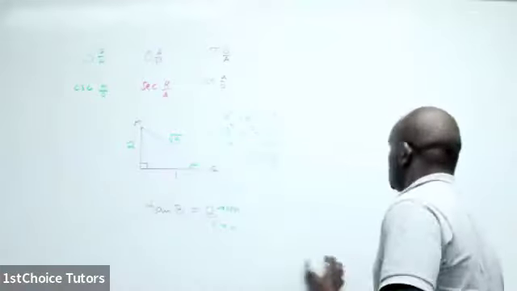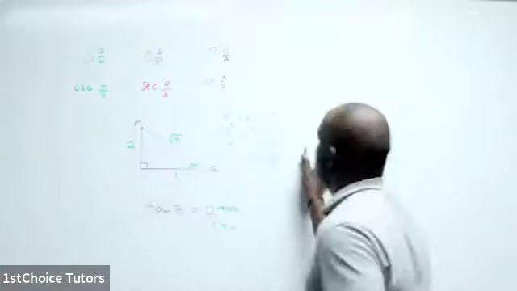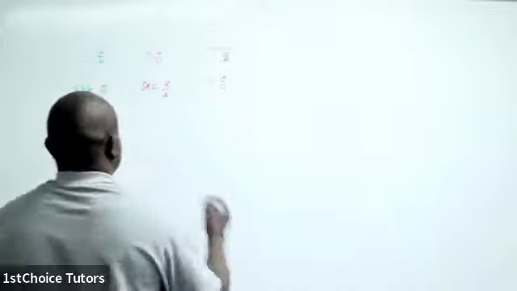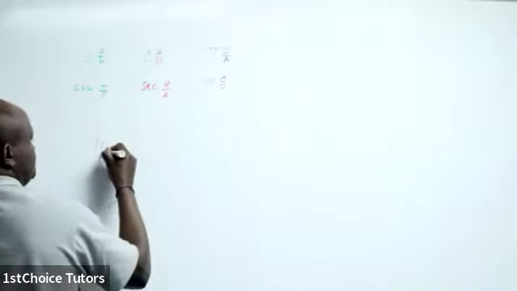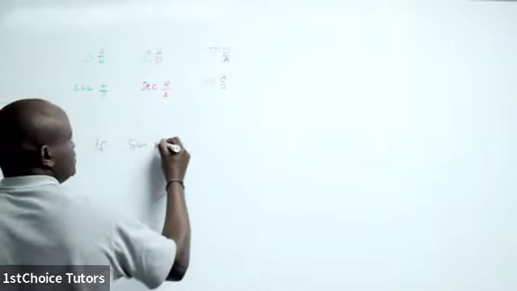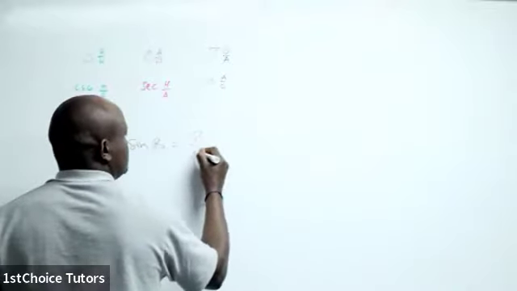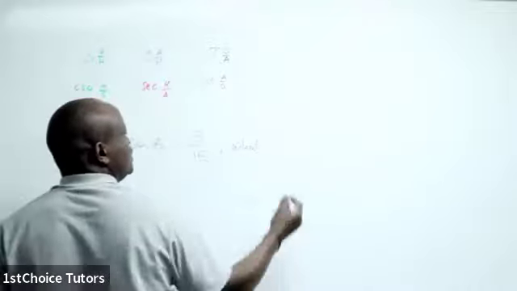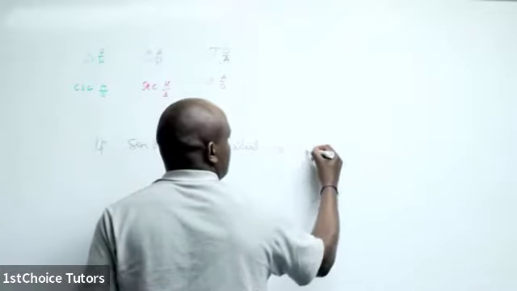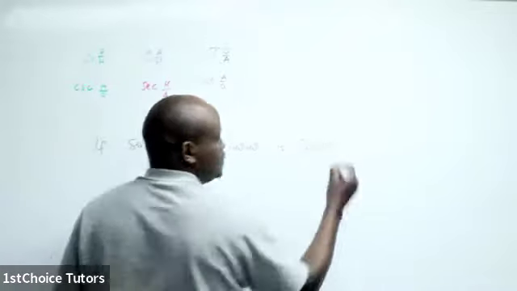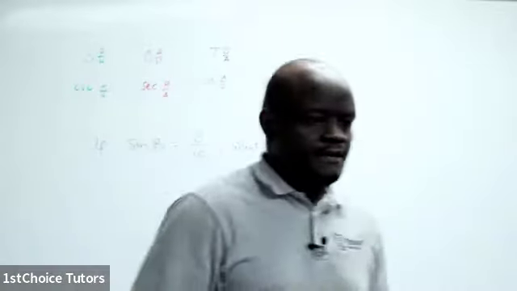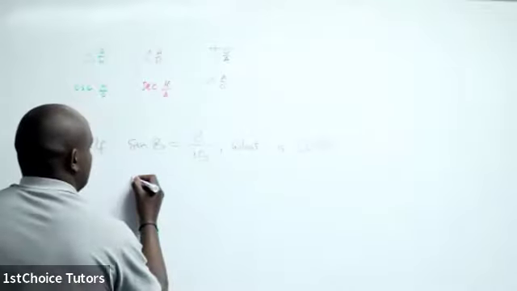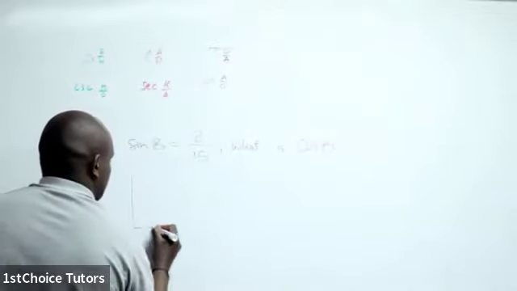If sine b equals 8 over 15, what is cosine b? Sine is opposite over hypotenuse.